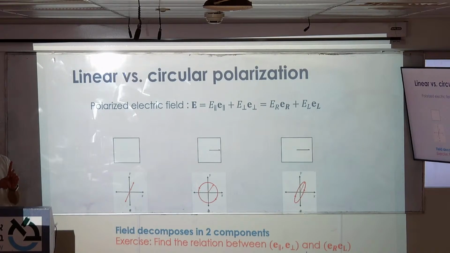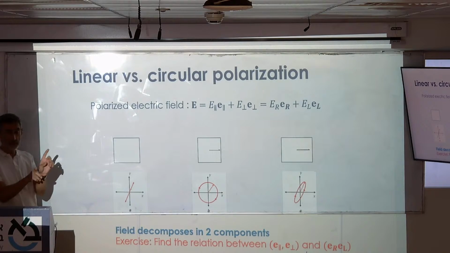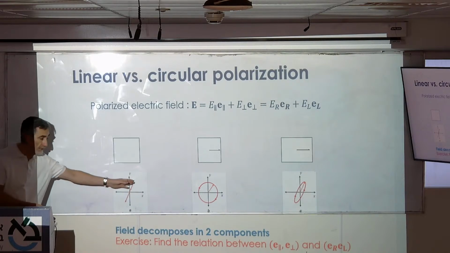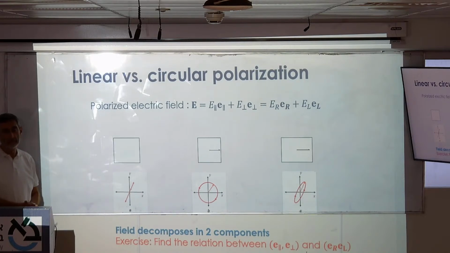So if they are in phase, what happens? If they oscillate in phase, what do you get? What would be the polarization if they oscillate in phase? In phase, so it will be linear. If they are not in phase, it will be circular.